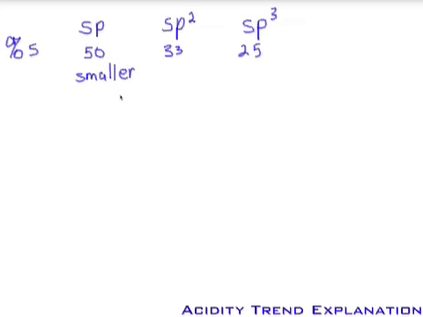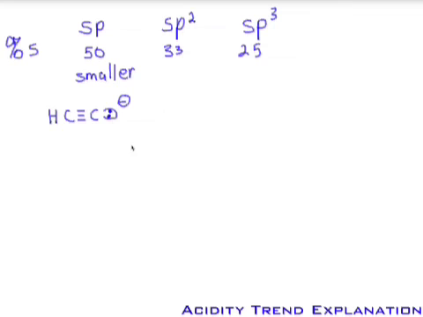What does that mean? Well, when we pull an H off, when we actually build the anion, the lone pair will exist in an orbital whose hybridization will depend on whether you have an alkane, an alkene, or alkyne.